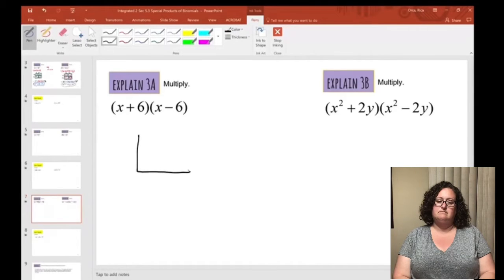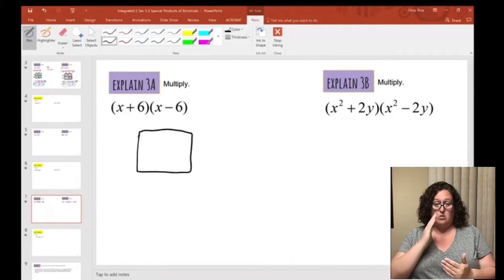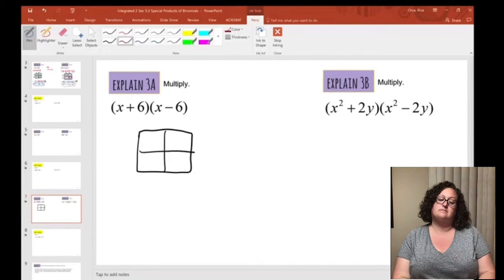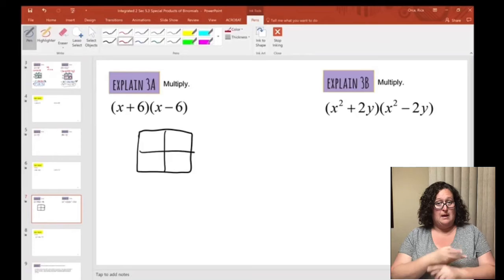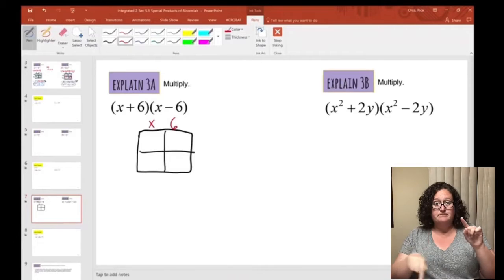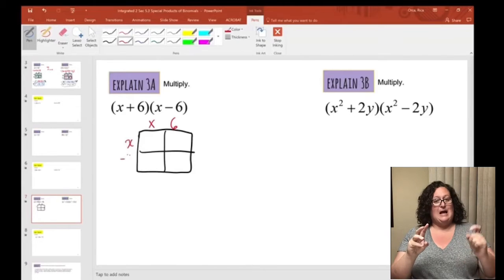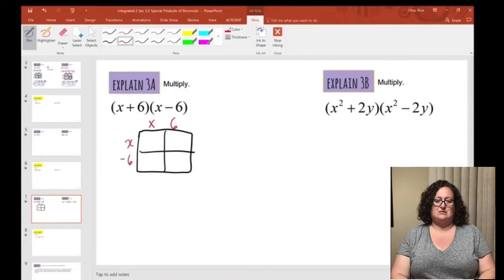Our box is going to have 2 columns and 2 rows because we're multiplying a binomial to another binomial. On the top of our box, we want to write out our first binomial, which is just x and 6. On the left side of our box, we want to write out x and negative 6 because that's what our second binomial is.